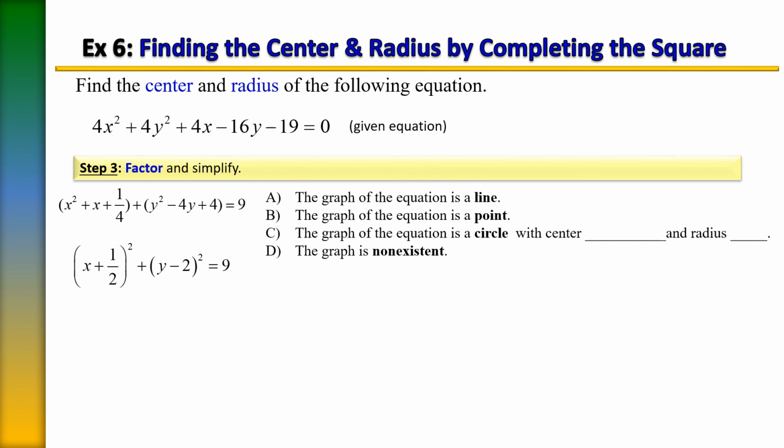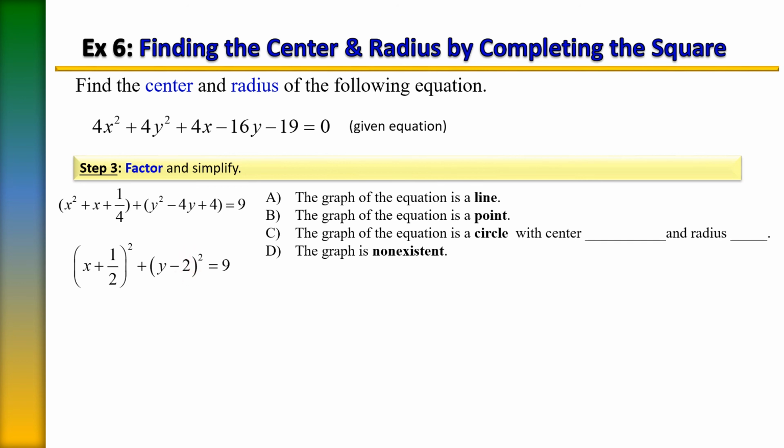Now let's find the center and radius of that circle. Putting it in the equation of a circle form mentally, in the x minus h form, we would need to take the opposite of positive 1/2. So our x value would be negative 1/2. And here, since it is in the form y minus k, our y value would be 2.